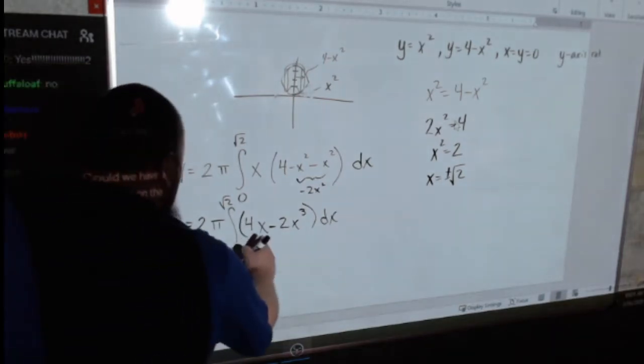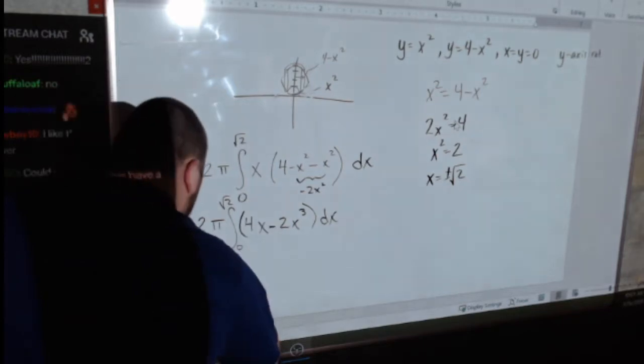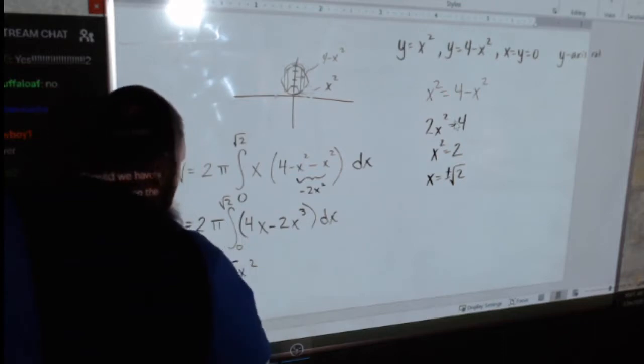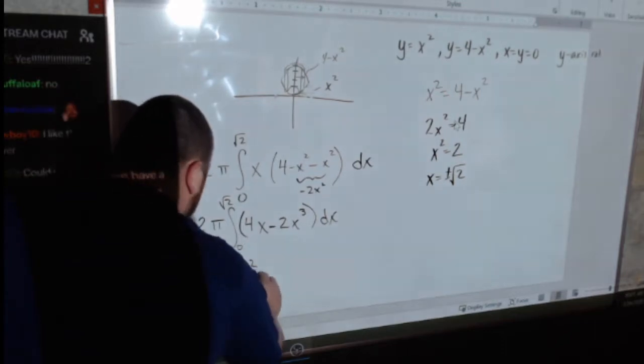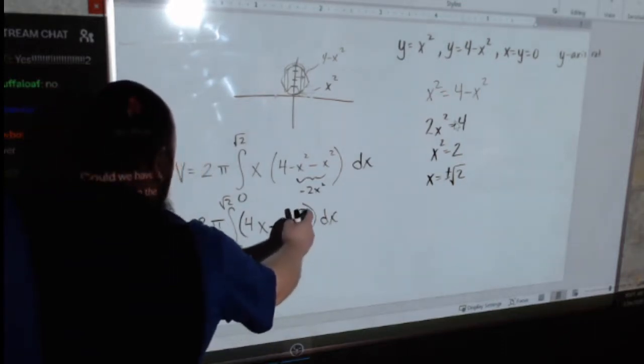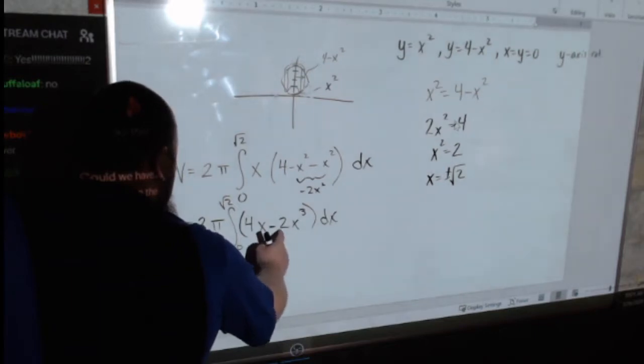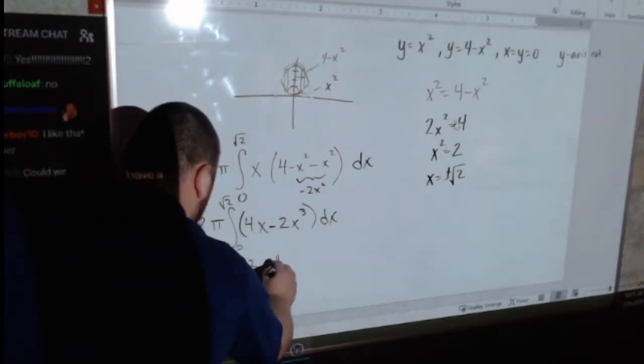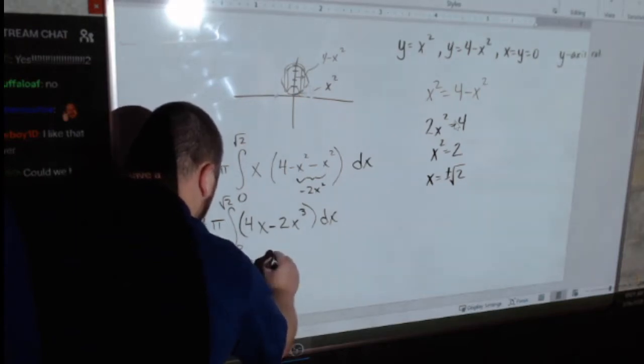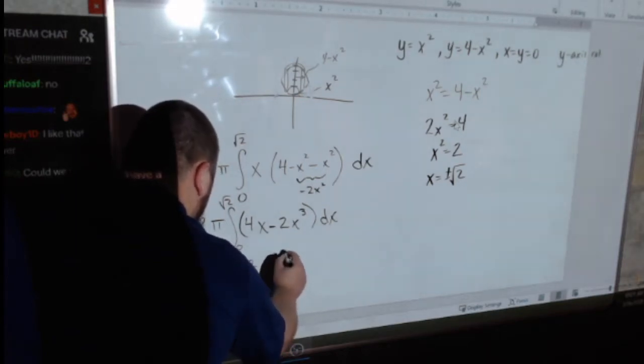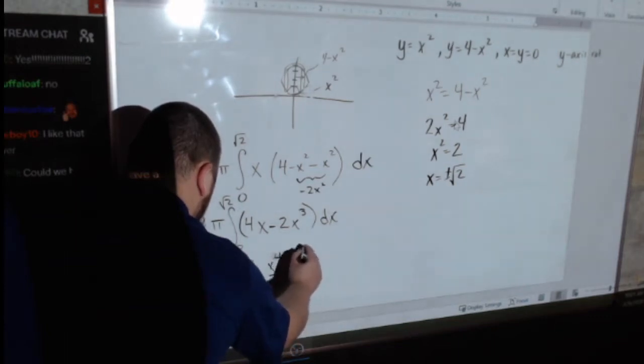So this is going to be 4x squared over 2, or 2x squared, minus, this is going to become x to the 4th over 4, and so that'll really be x to the 4th over 2, because that 2 up top will simplify it. And then from 0 to square root of 2.